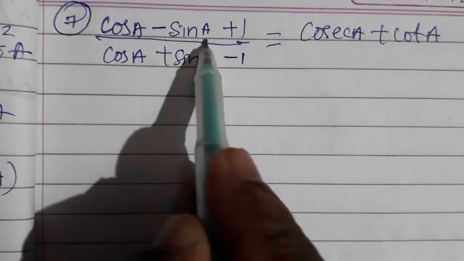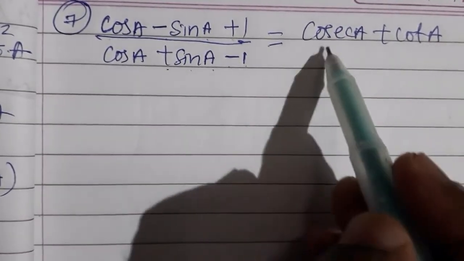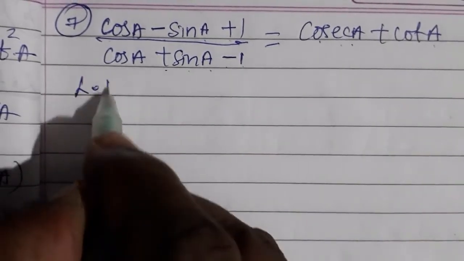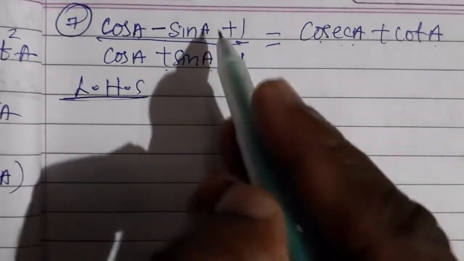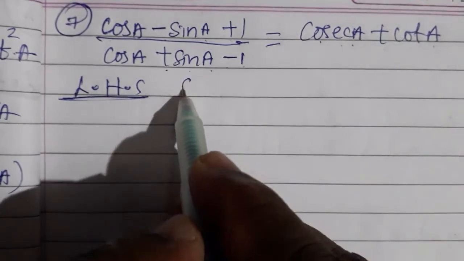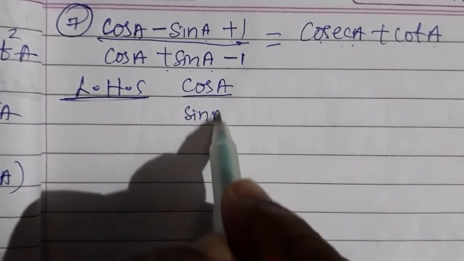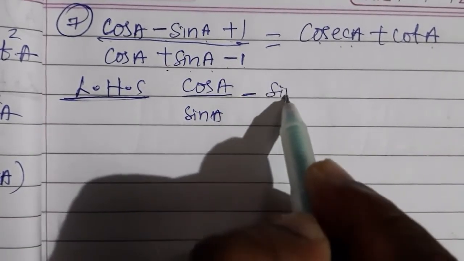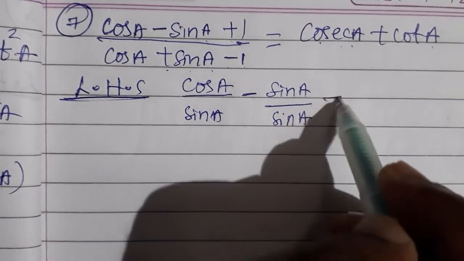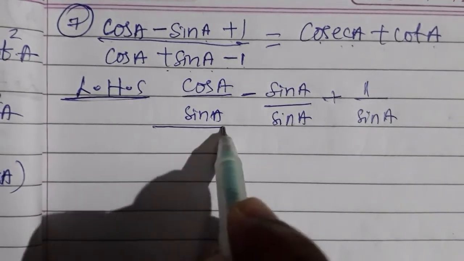(cos A − sin A + 1) divided by (cos A + sin A − 1) is equal to cosec A plus cot A. So the left hand side, what I will do? I will divide the numerator and denominator by sin A. So I can write like this: cos A by sin A minus sin A by sin A plus 1 by sin A. This is the numerator.